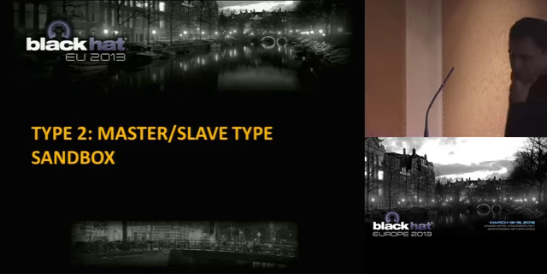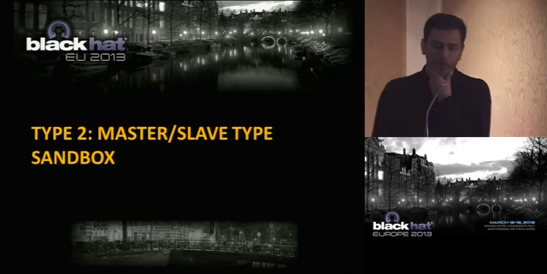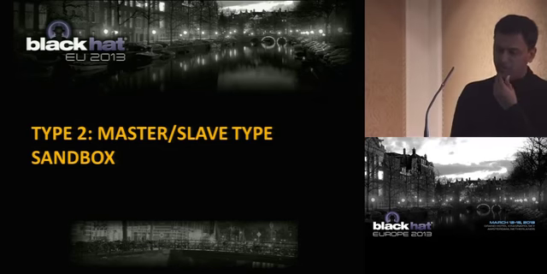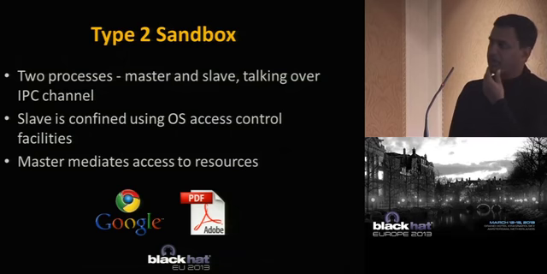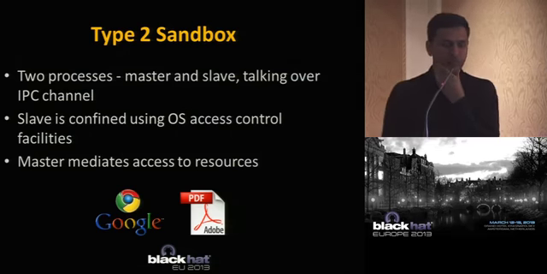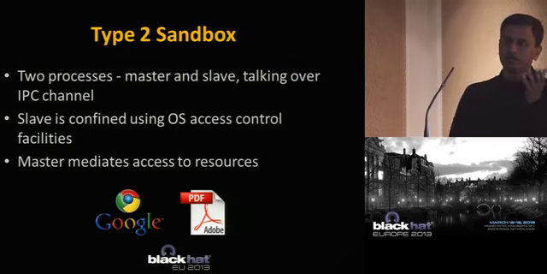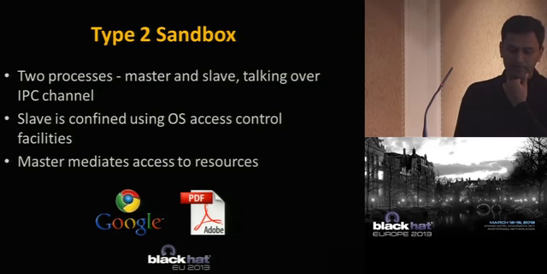Okay, great. So now that we have completely compromised the type 1 sandboxes, we'll go for the more interesting and far more prevalent ones, which is type 2. Type 2 sandboxes typically have two processes, which we call the master and the slave, and they interact over an IPC channel.